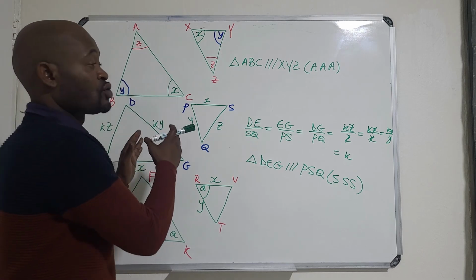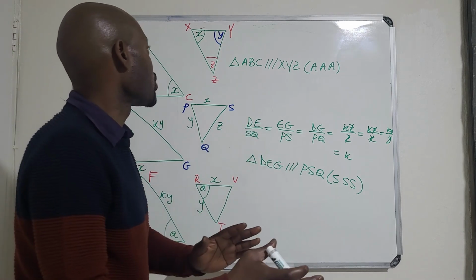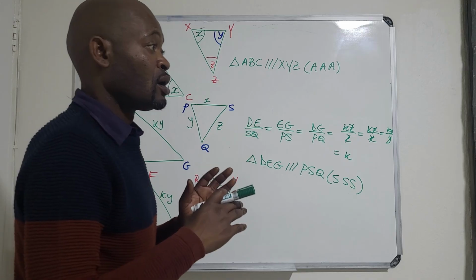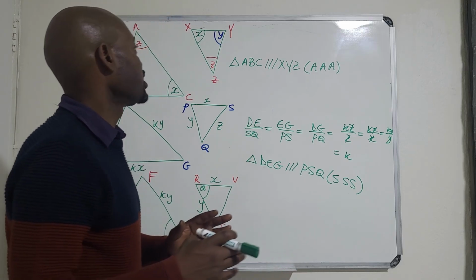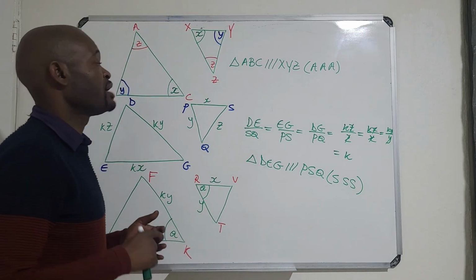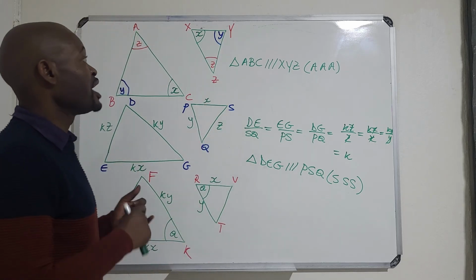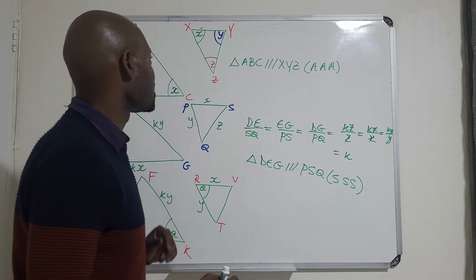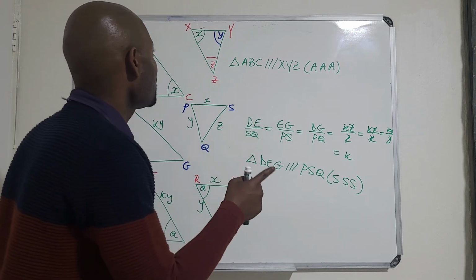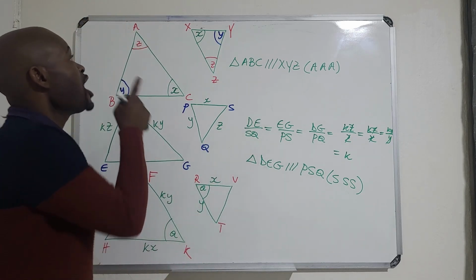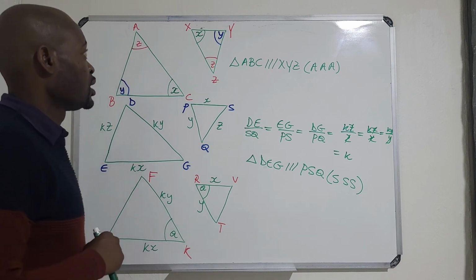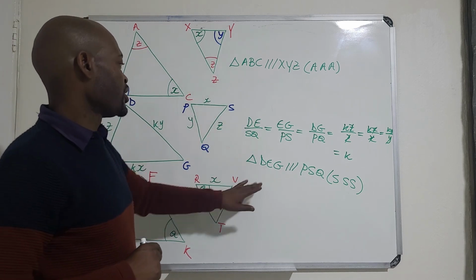And similar triangles are different from congruent triangles. Congruent triangles, we've just said it, have the same shape and the same size. Similar triangles have the same shape but different sizes. The shape of one triangle is an enlargement of another triangle when it comes to similarity.